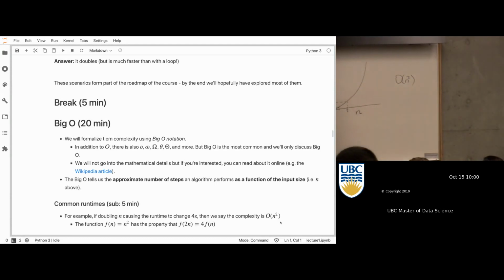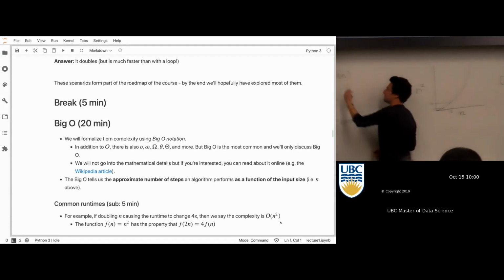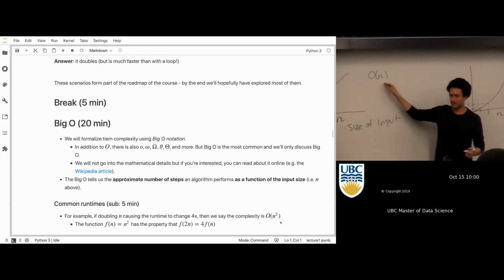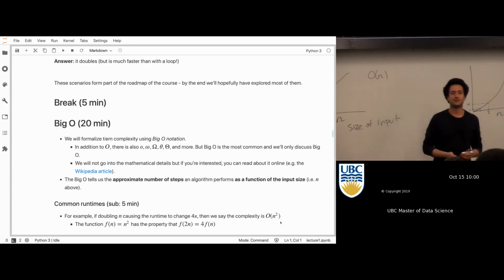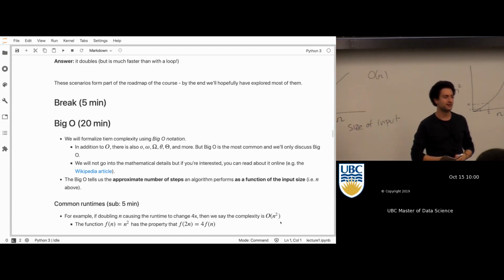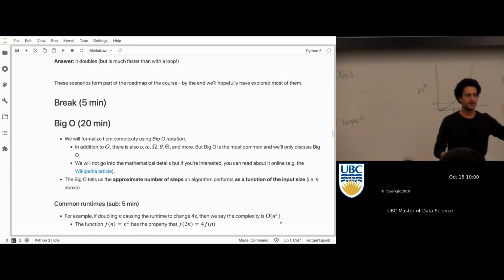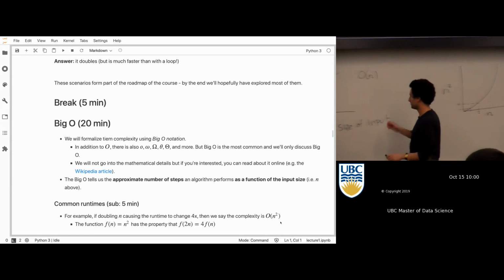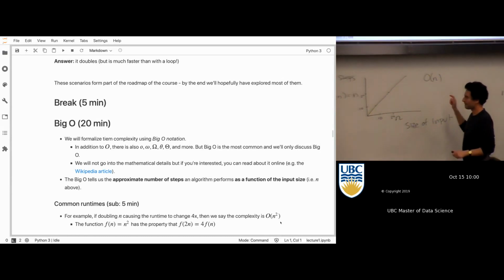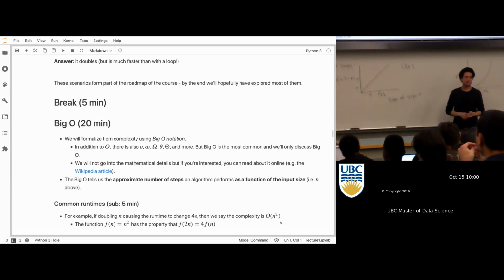And if you say the running time of my code is big O of n, that's pretty much the same thing as saying if I double n, then my running time is going to be doubled. And that's what we had with searching through the list and multiplying all the elements of something by 2. Questions about this?